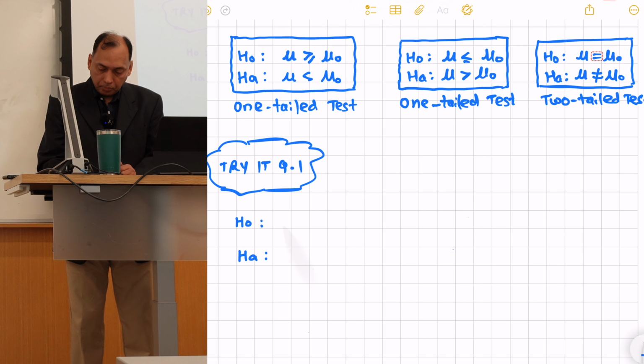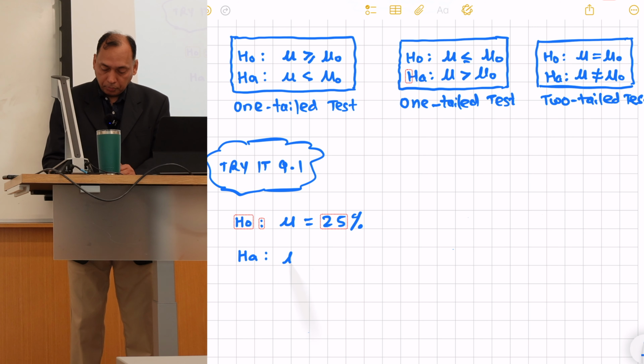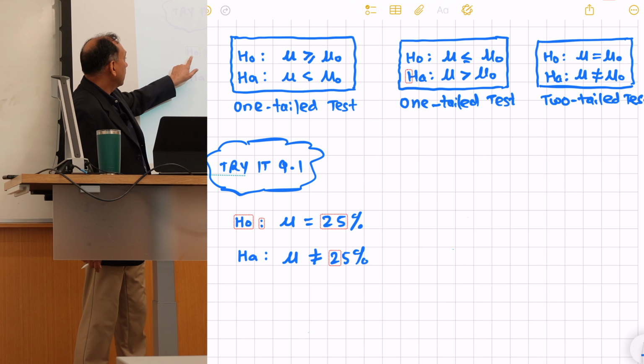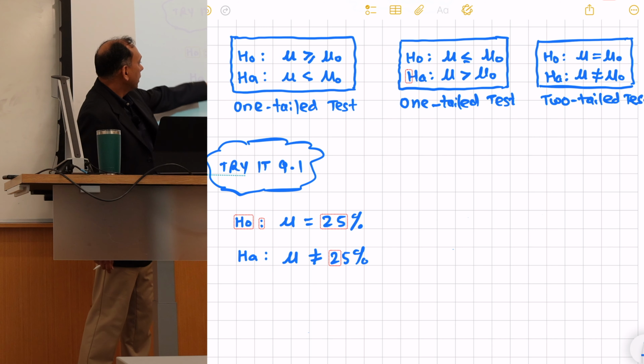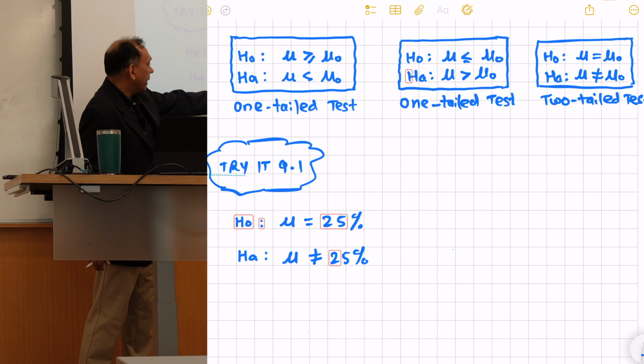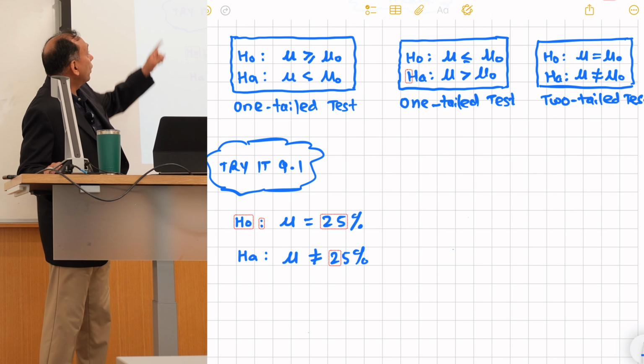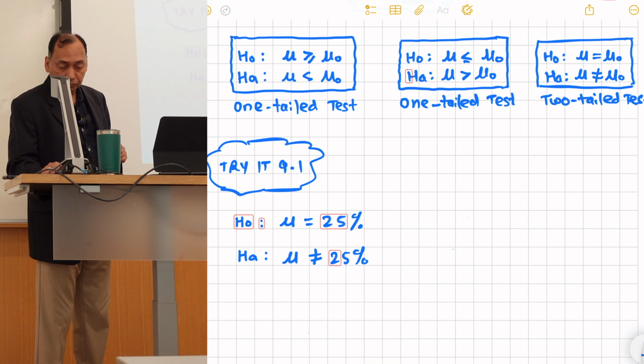So mu equals 25% and mu not equal to 25%. The equal sign is always part of the null hypothesis. So that's why cholesterol level reduces by 25% will always go to H0. Equality is always part of null.